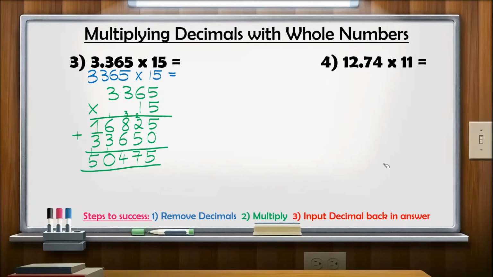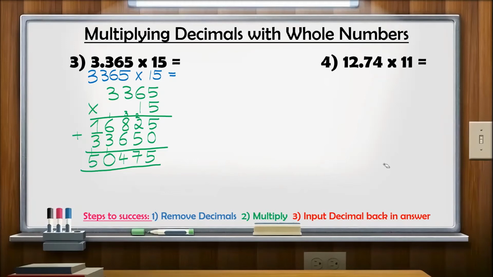Finally, step 3. This instructs us to input our decimal into the correct position to get our final answer. We do this by looking at our original problem, which is 3.365 times 15. And what we are looking for is how many numbers in the whole question are after a decimal point or to the right of it.